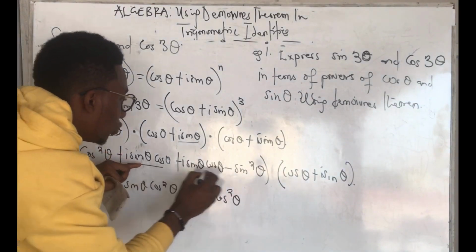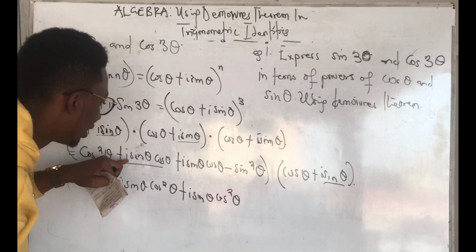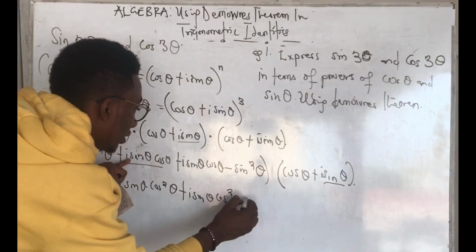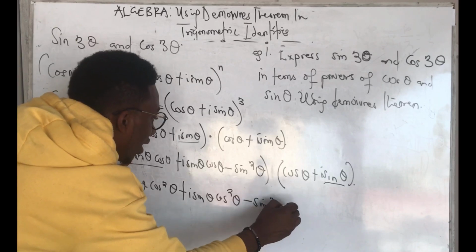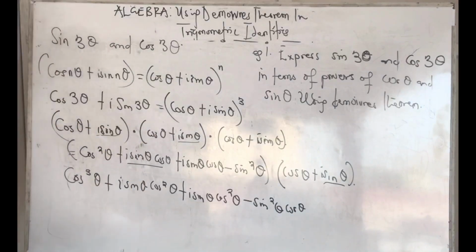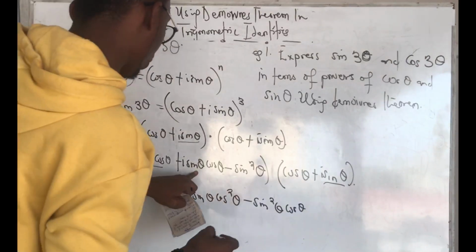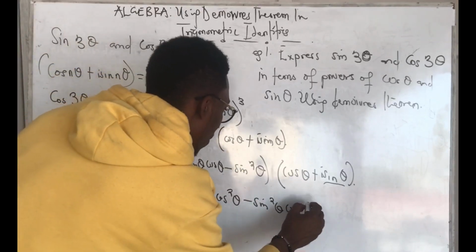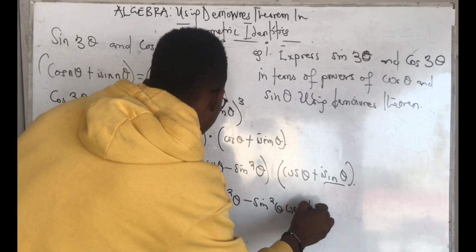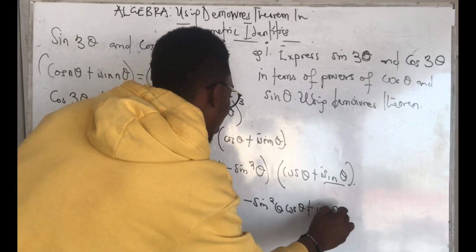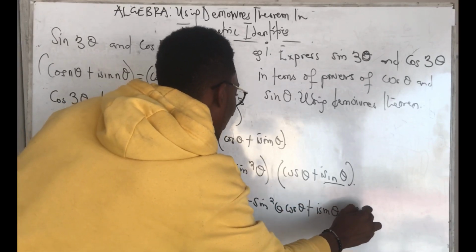This one multiplied with this gives i square, so we get minus sin square theta cos theta. Coming to this side too, we get the same thing: this one multiplying this gives plus i sin theta cos square theta.